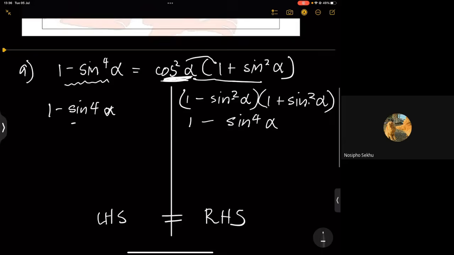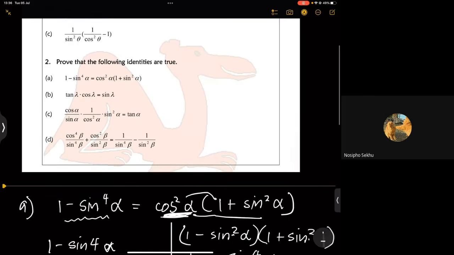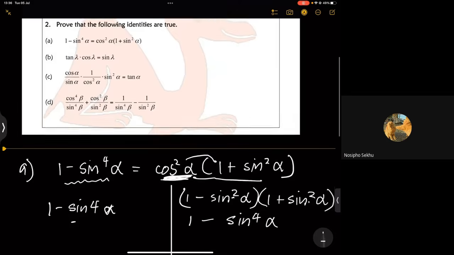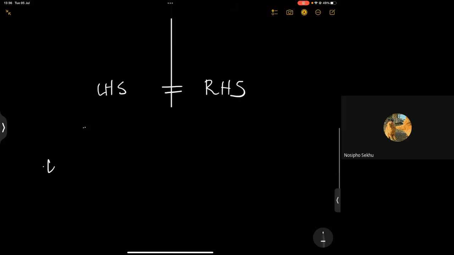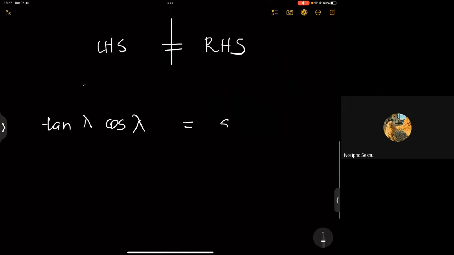All right, beautiful stuff. The next one, we've got 10 lambda, 10 times cos of lambda. They say prove that it's equal to the sine of lambda.